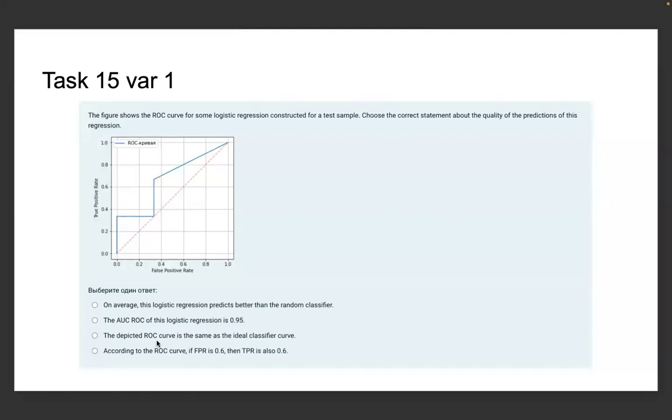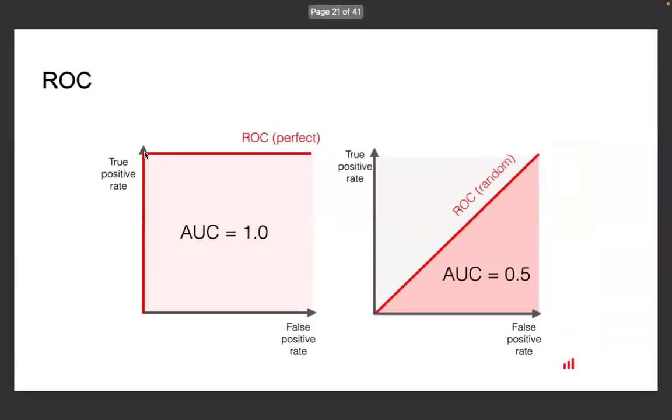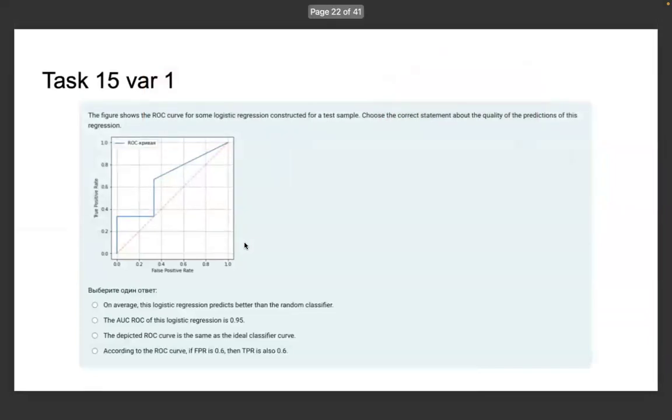The depicted ROC curve is the same as the ideal classifier curve. It's wrong because the ideal is this type of curve where the accuracy is 1. And according to the curve, if FPR is 0.6, the true positive rate is also 0.6.